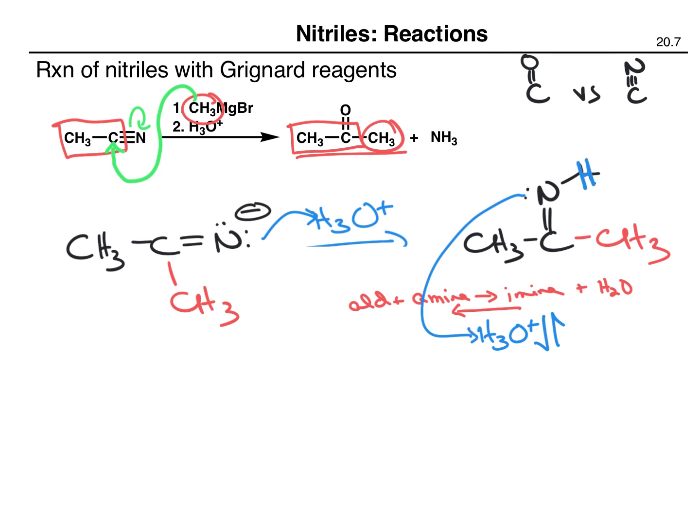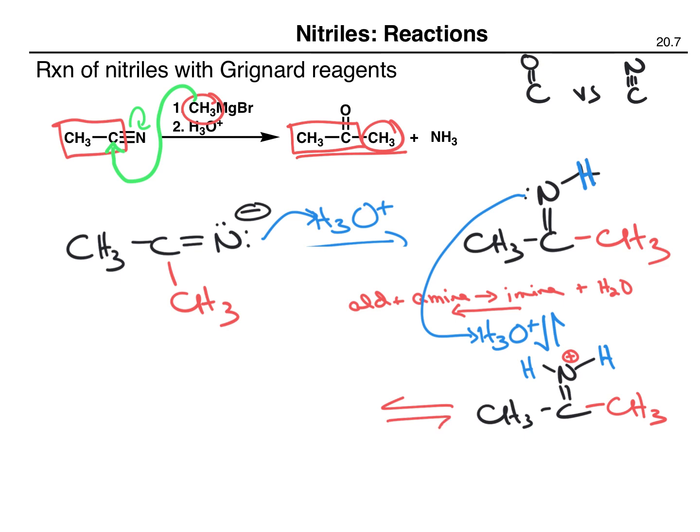and that will give CH3, C double bond N. So these hydrogens are coming from water, and this came from the Grignard. And now nitrogen has a positive formal charge.